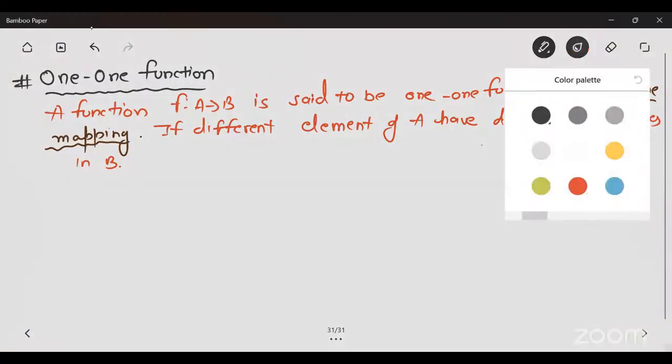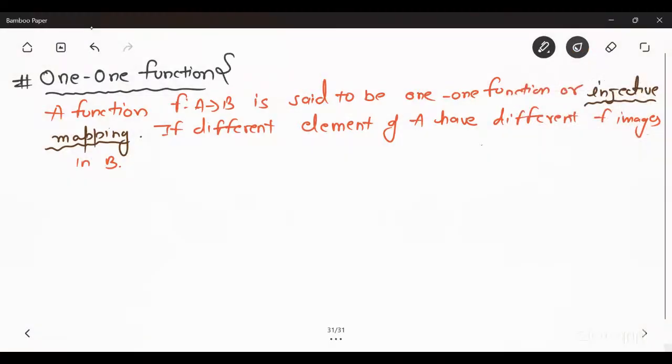We can write this function as injective function. So what is this function?